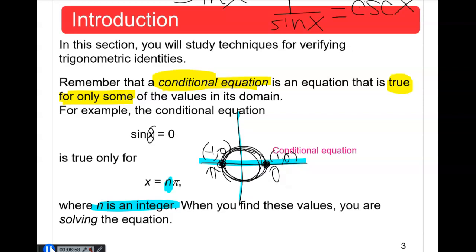And so we know that if we complete one full rotation, then we will have 2 pi.